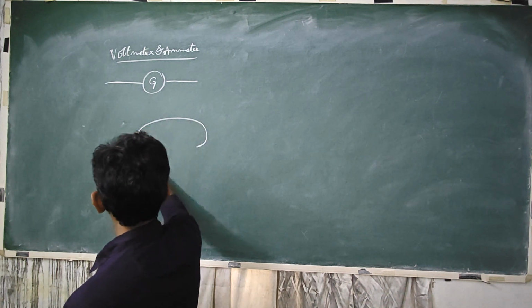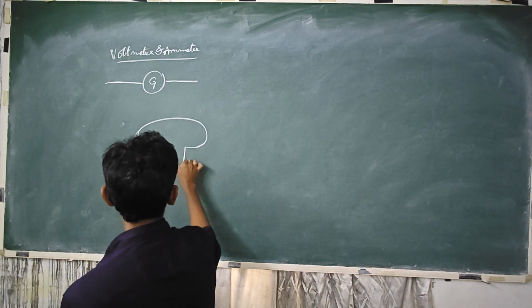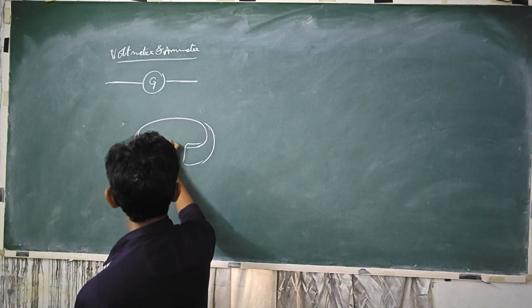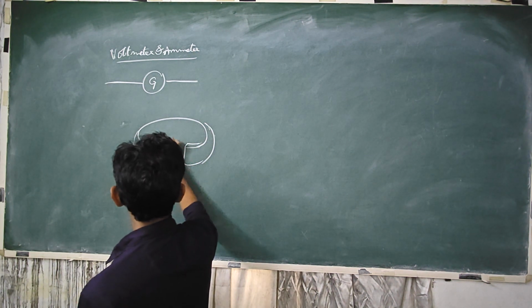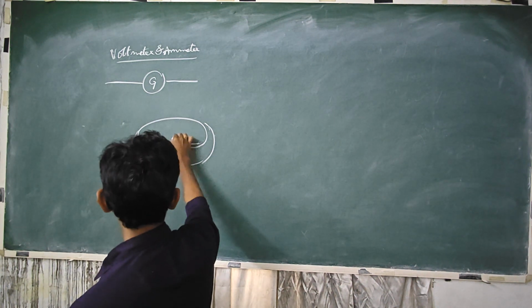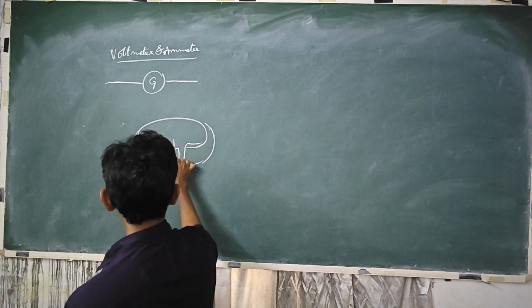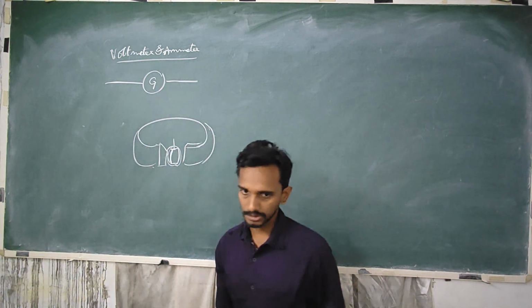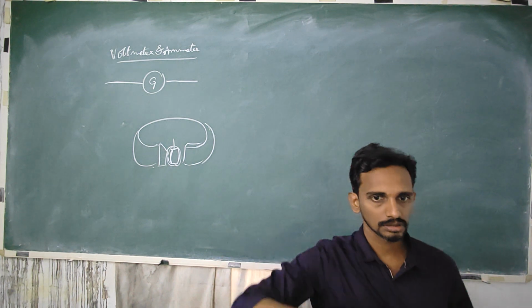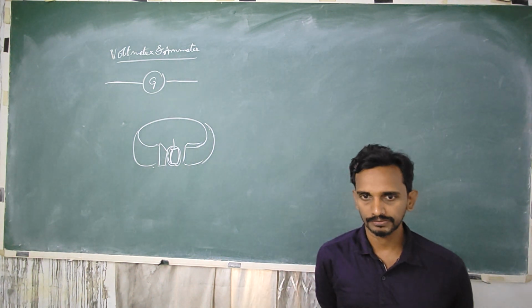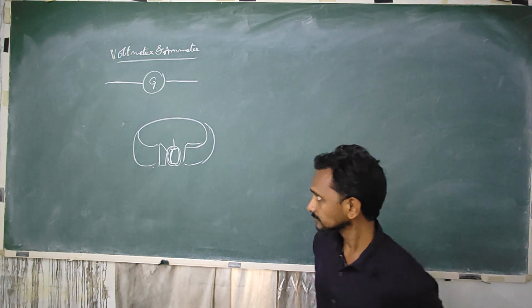There will be a horseshoe magnet, and a coil will be hung, and when current passes through it, the coil will rotate in the perpendicular magnetic field.